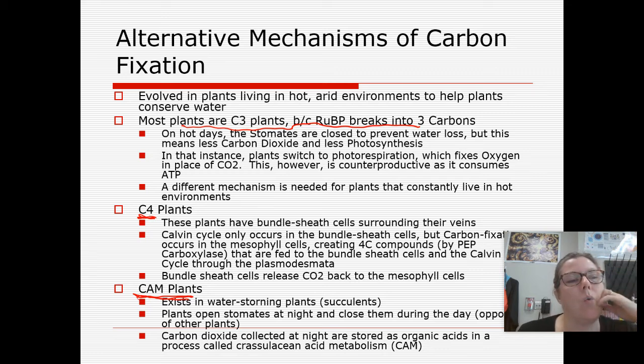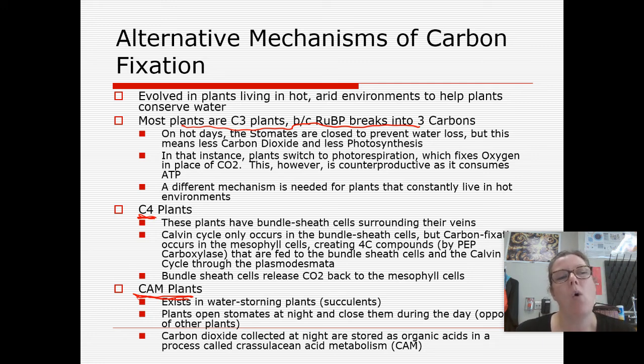These plants will only open their stomates at night, and as those stomates are open at night, they collect carbon dioxide and store it into crassulacean acid. And this is called crassulacean acid metabolism, or CAM for short. This is why this is CAM photosynthesis.